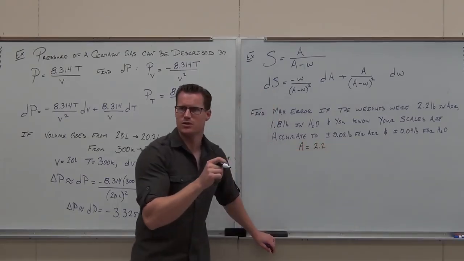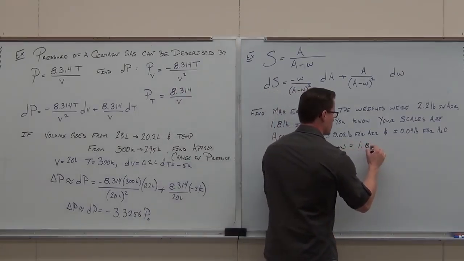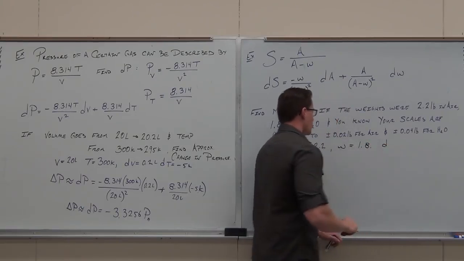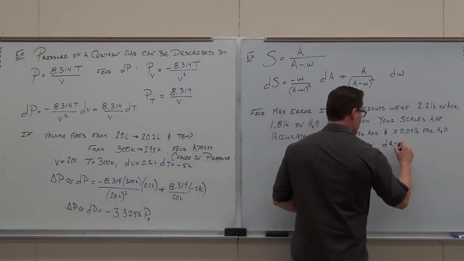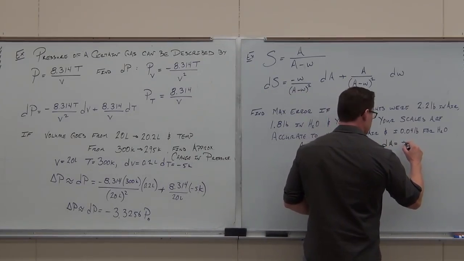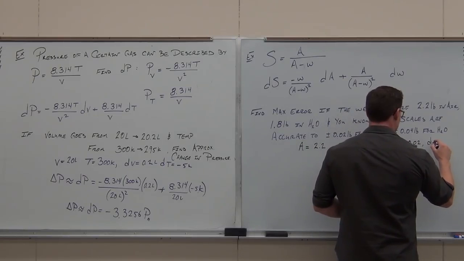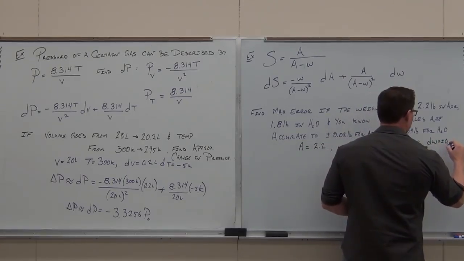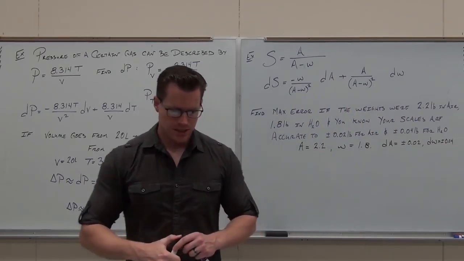Do you see that it's 2.2 for air? What's our W, please? Our dA is plus or minus 0.02. dW is plus or minus 0.04. Here's how to use those.